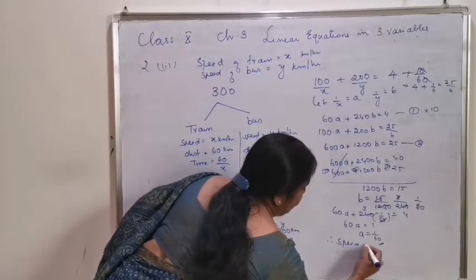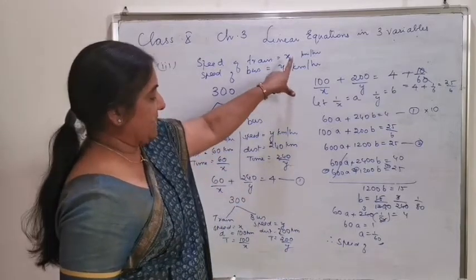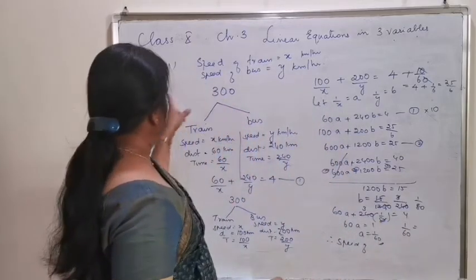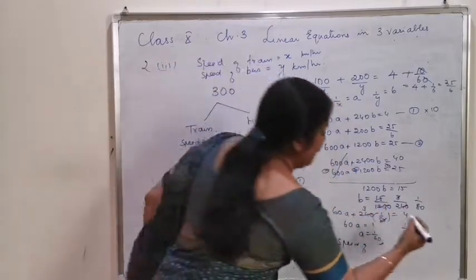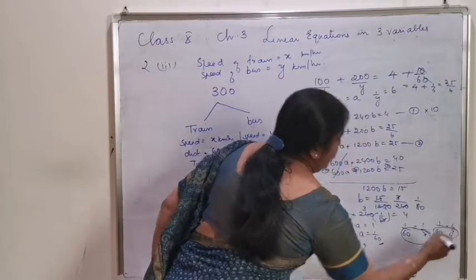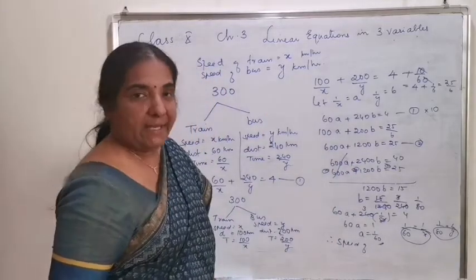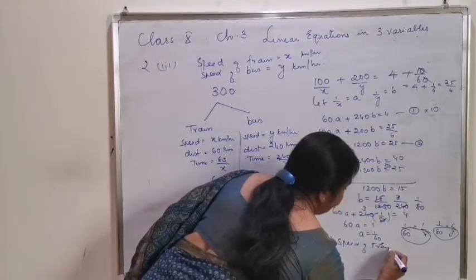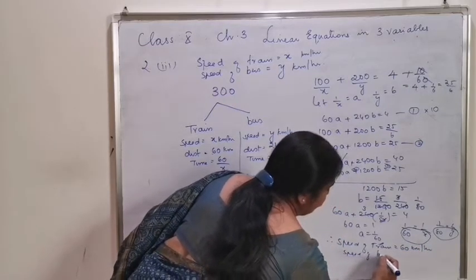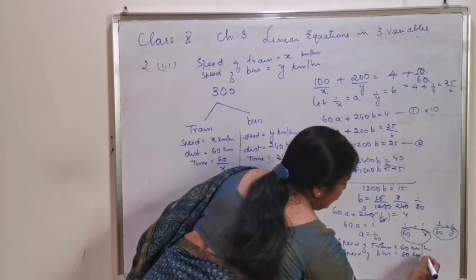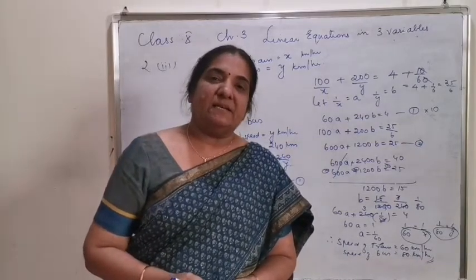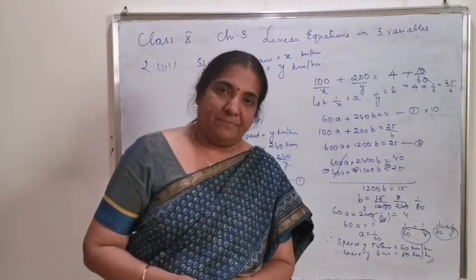Therefore, we have taken x, we have to convert. 1 by 60 is equal to 1 by x, x is equal to 60. 1 by 80 is equal to 1 by y, or y is equal to 80. Therefore, speed of train is equal to 60 km per hour, and speed of bus is equal to 80 km per hour. Any of these questions can be asked as a 4-mark question for the board exam.